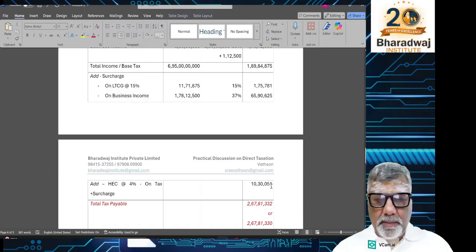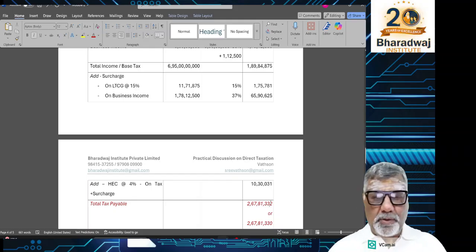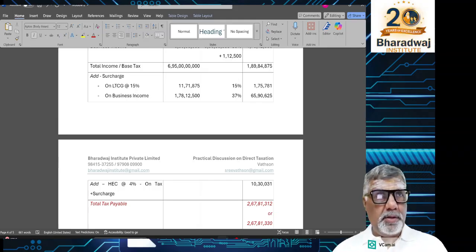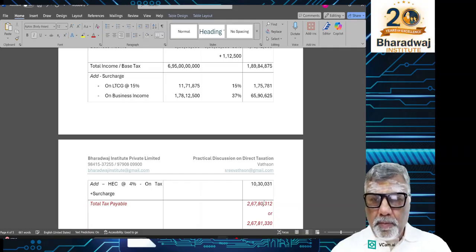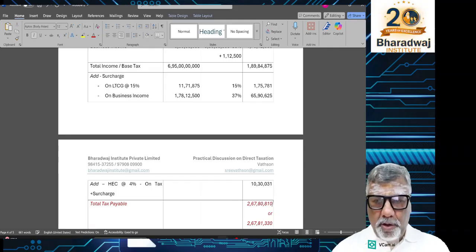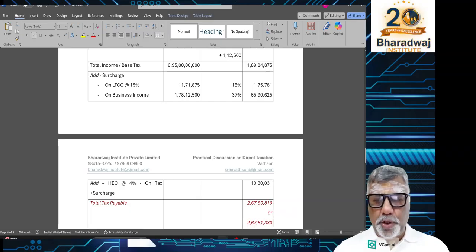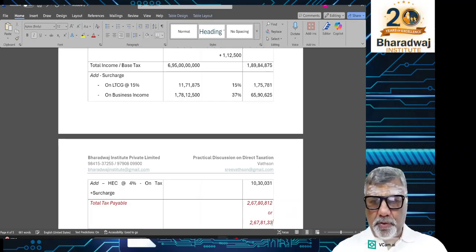Zero three one. Because of which the total comes down by 20. 267. 80. I need not round off. So it's 812. And it is rounded off to 810.